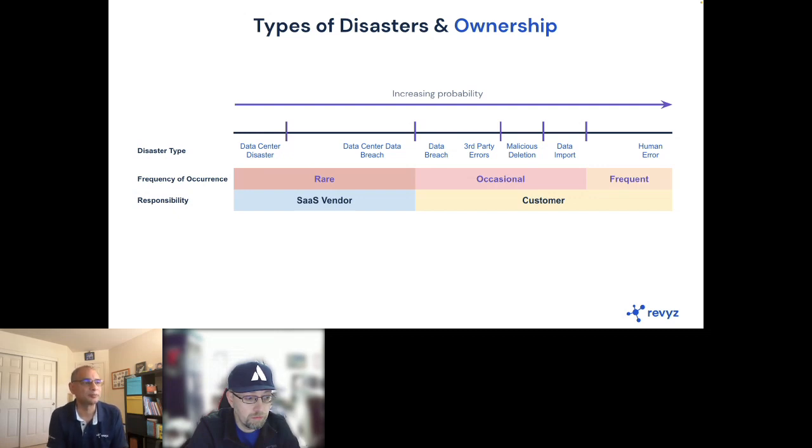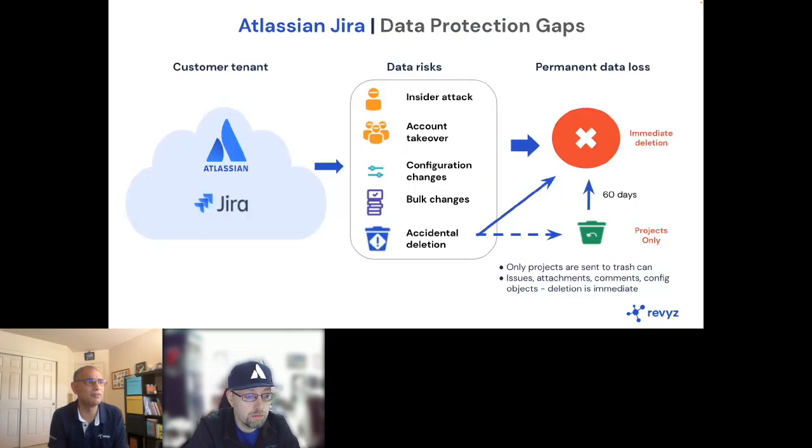Now, when it comes to Atlassian, I think there are at least five broad categories of data loss. I'll start off from the bottom. Accidental data deletion.